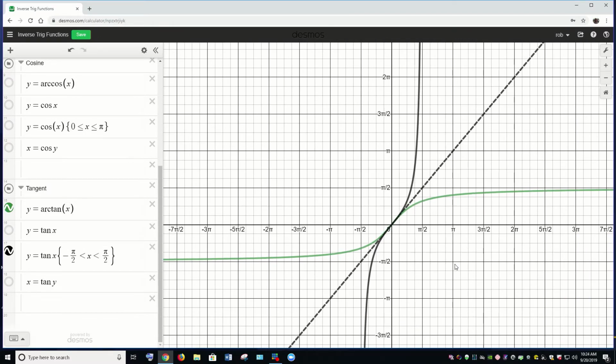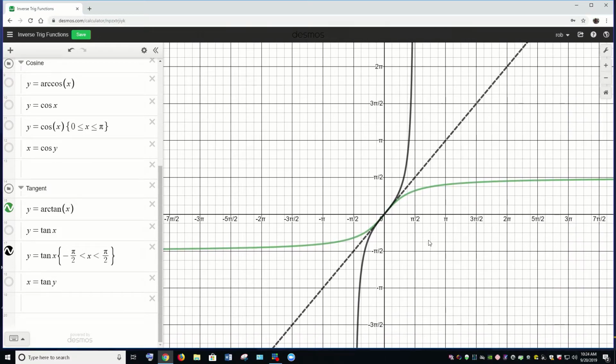Now, the reason I said this one's interesting to me is that the inverse now, unlike sine and cosine, extends all the way to positive infinity and negative infinity on the x. And it's got horizontal asymptotes, where the other one had vertical. Tangent has vertical asymptotes at pi over 2 and negative pi over 2. Tan inverse has them at pi over 2 and negative pi over 2 horizontal.